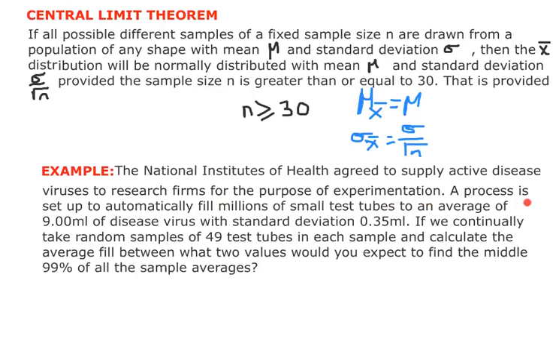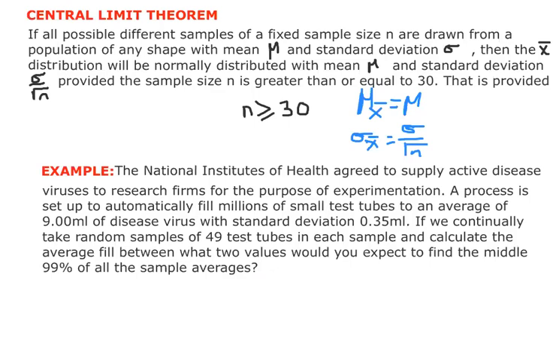A process is set up to automatically fill millions of small test tubes to an average of 9 milliliters of disease virus with standard deviation 0.35 milliliter. If we continually take random samples of 49 test tubes in each sample and calculate the average fill, between what two values would you expect to find the middle 99% of all the sample averages?